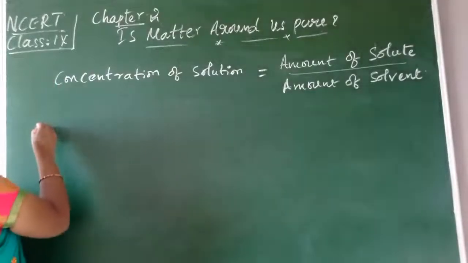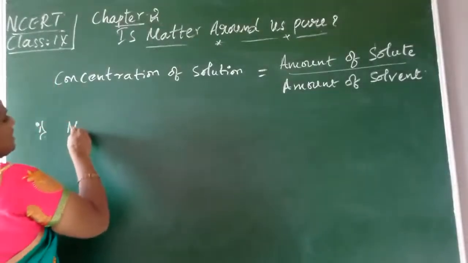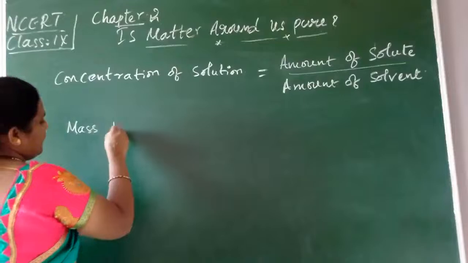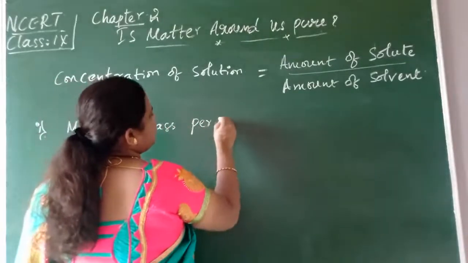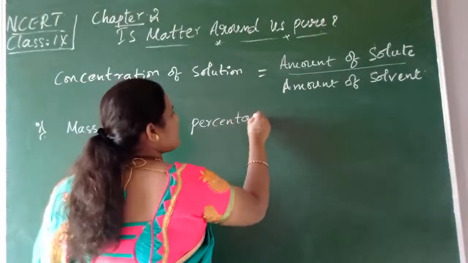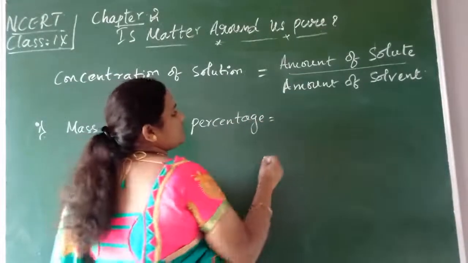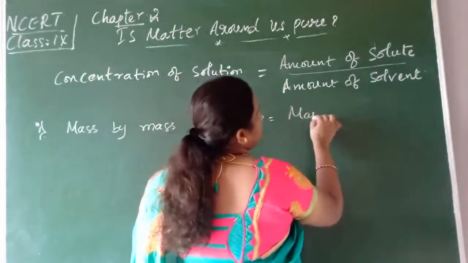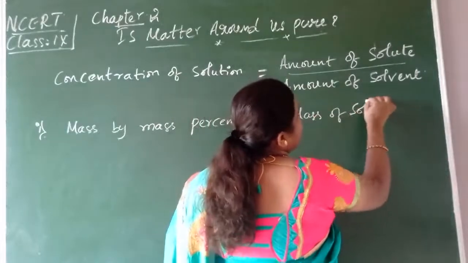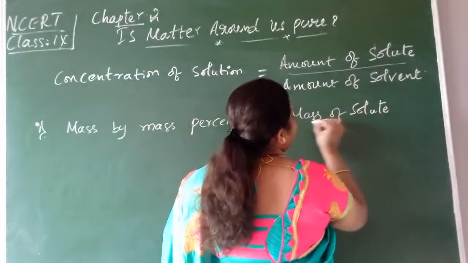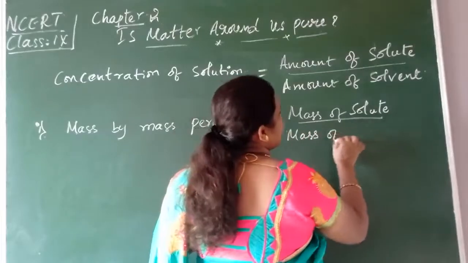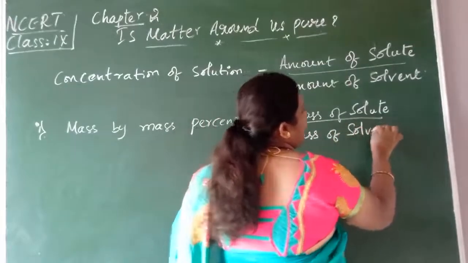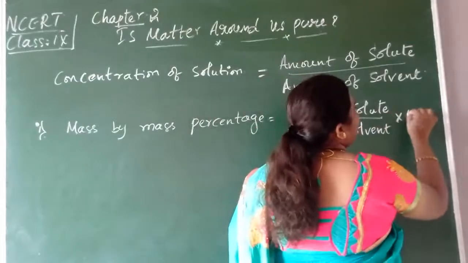And how will we express it, children? That is mass by mass percentage, which is equal to mass of solute divided by mass of solvent into 100.